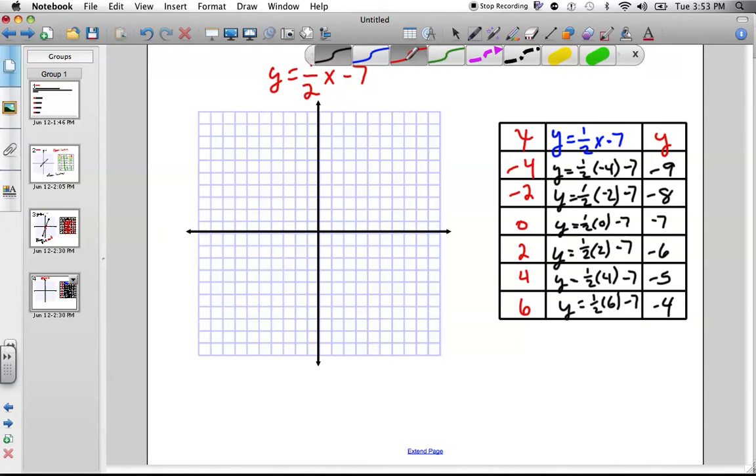We're going to go ahead and plot these ordered pairs: -4, -9. -2, -8. 0, -7. 2, -6. 4, -5.